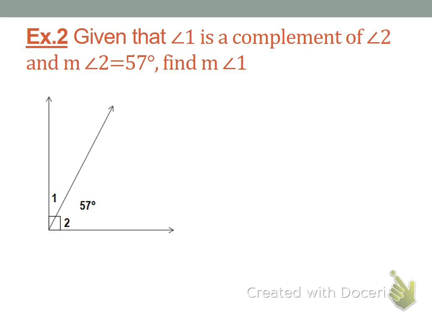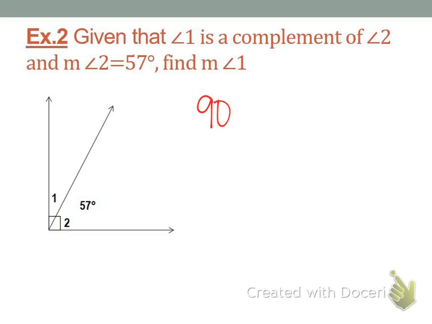All right, given that angle 1 is a complement of angle 2, and the measure of angle 2 is 57 degrees, find the measure of angle 1. Complementary angles add up to 90. So what do we have to do to find angle 1? Subtract 57 from 90. Good.